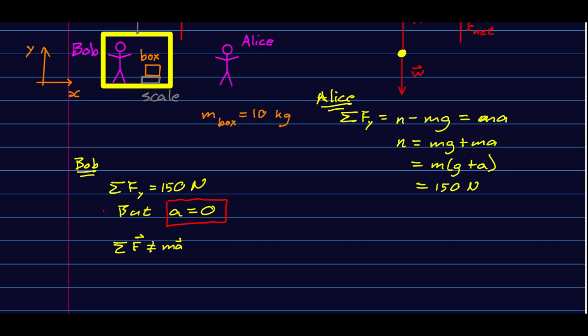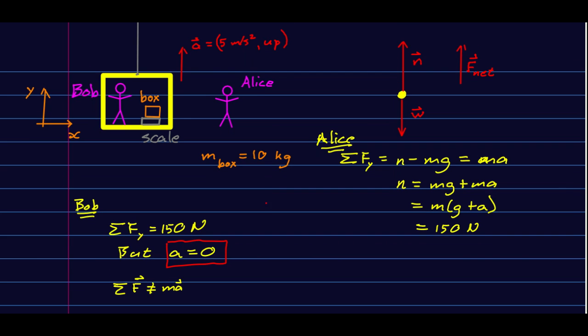So this is a very important point. If you intend to use Newton's second law to calculate something, then any reasoning you do about the acceleration of that thing has to be done from the point of view of a non-accelerating observer.